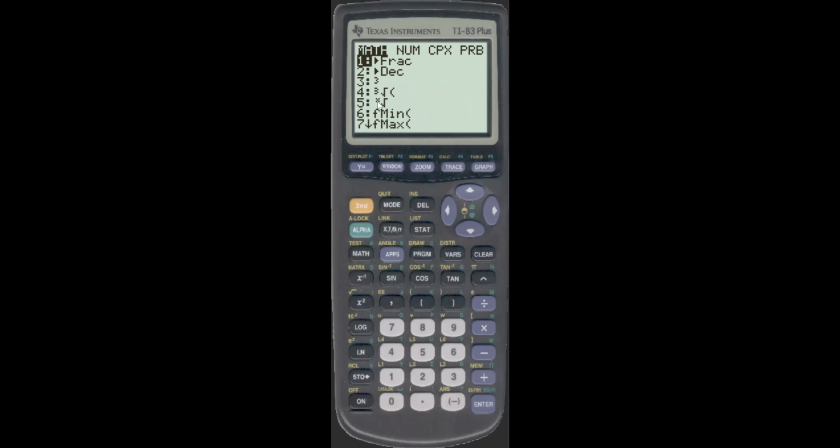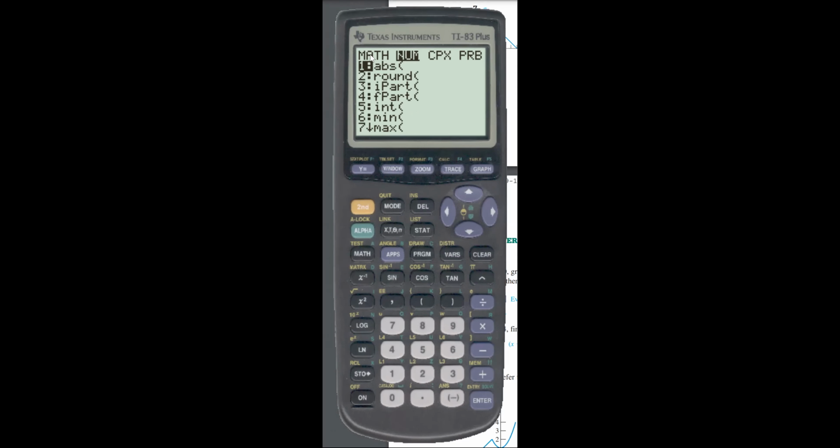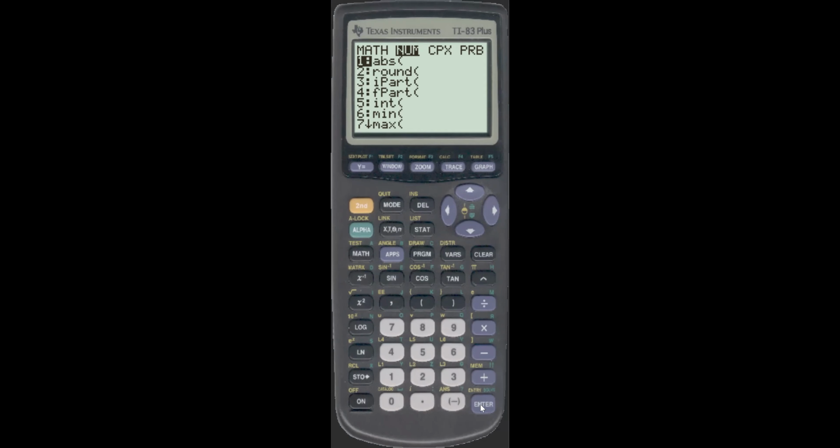You can see cube, cube root, x root, and absolute value is not there. Sorry, there it is. It's under num. I don't know why, but it's under num. Okay, so we hit enter. Yours may actually have a nice absolute value button. Mine does not. And then you put the variable in there like that. Before you graph, do a zoom standard. It will help you to get it to look like that.